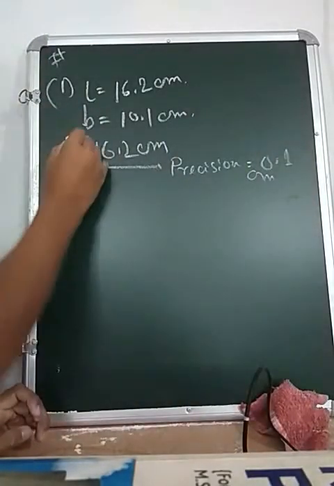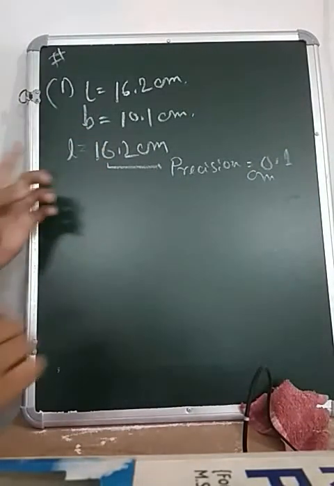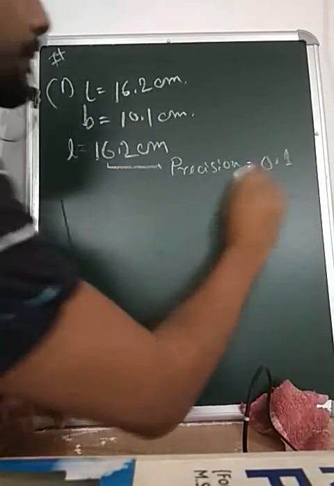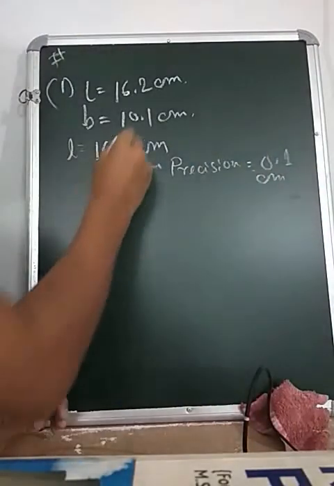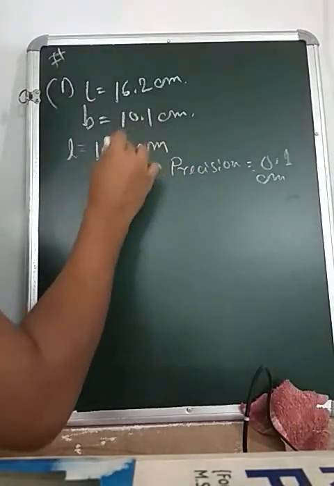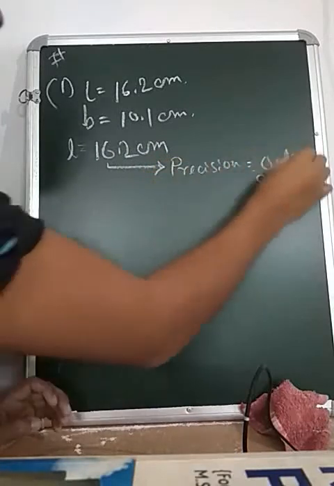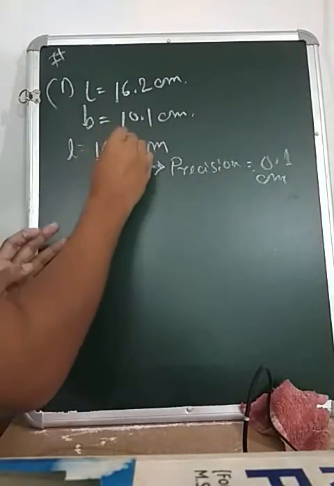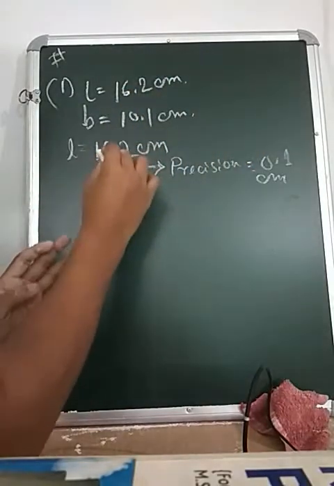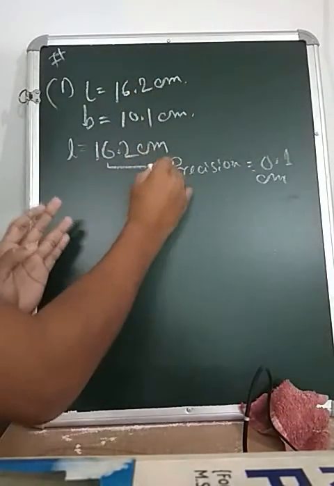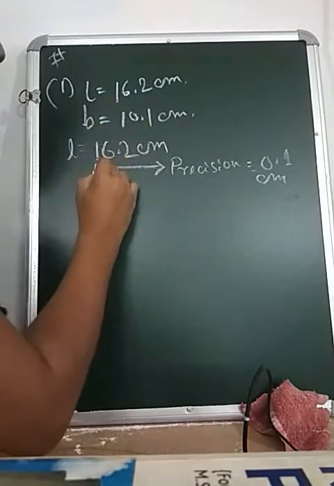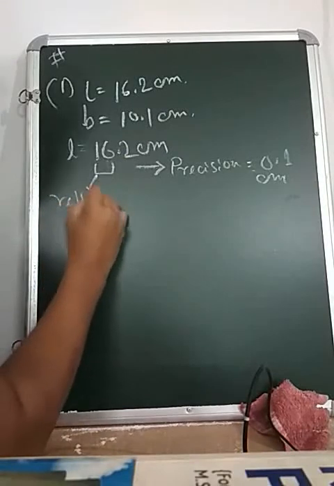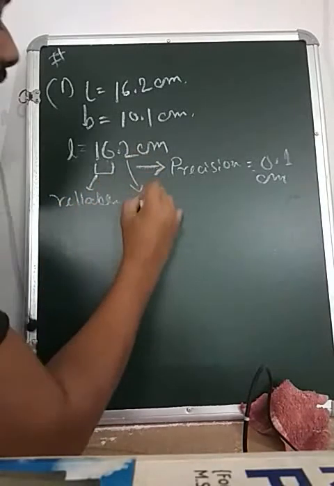According to the rule of representing significant figures, these two digits, 1 and 6, are reliable, and this last one is the uncertain term.